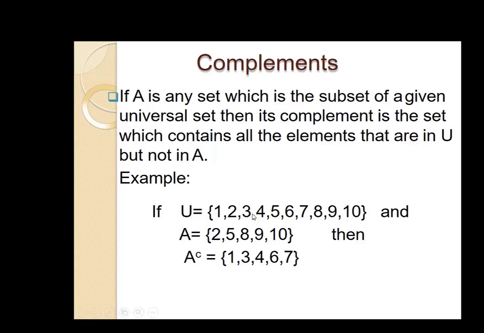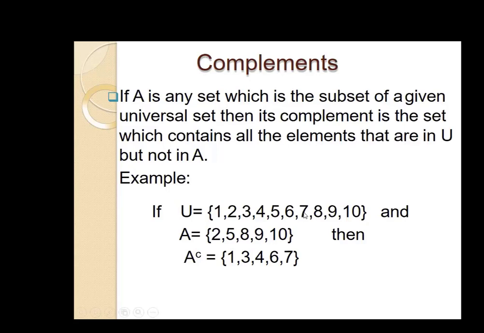In the same way, 3 is present only in U, not in A, so 3 will come over here, okay? 4 is part of U but not part of A, so it will come over here. 5 is part of U and also part of A, so it will not come over here, right? Because it is common. 6 is only part of U, it is not present in A, so it will be written like this, meaning it will come in the complement part.